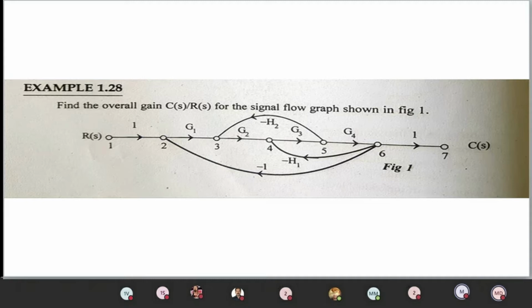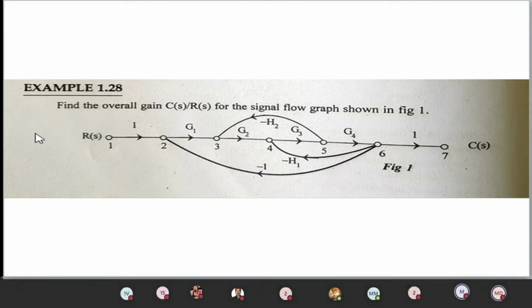So you can notice here, you have 3 individual loops. Loop 1 is 3 to 4, 4 to 5, 5 to 3. Loop 2 is 4 to 5, 5 to 6, 6 to 4. Loop 3 is 2 to 3, 3 to 4, 4 to 5, 5 to 6, 6 to 2.